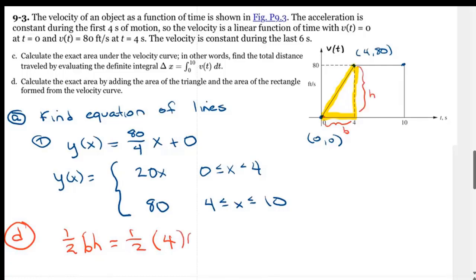So 4 times 80, which is 160. And what are the units here? Feet per second. So this is feet. This is actually going to be feet squared. Okay. So that's the area of my triangle.